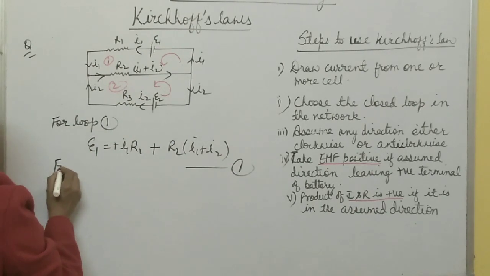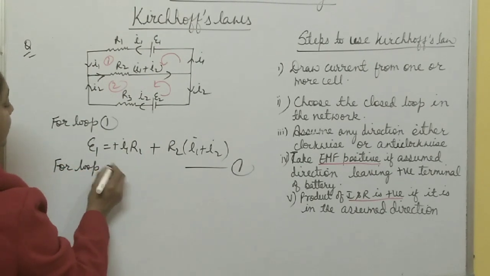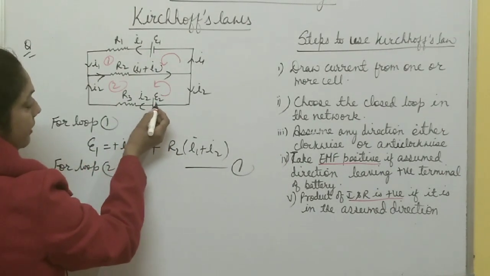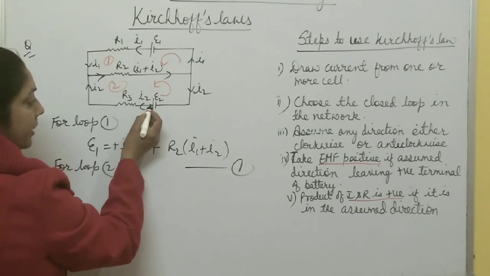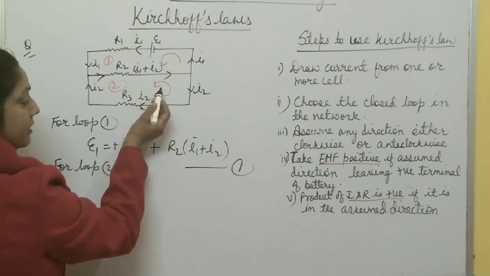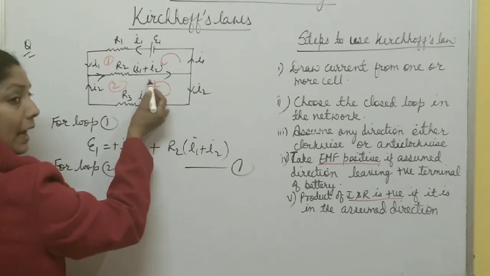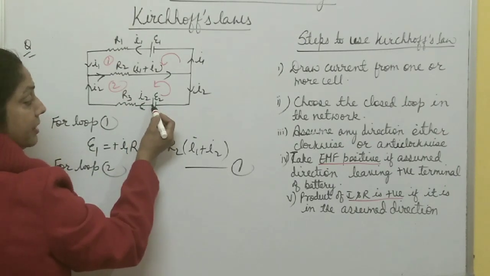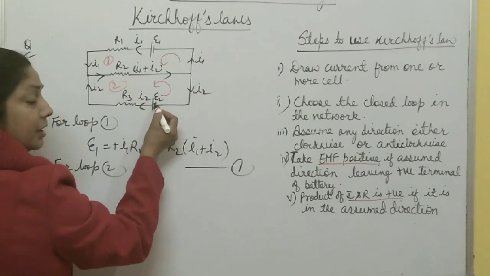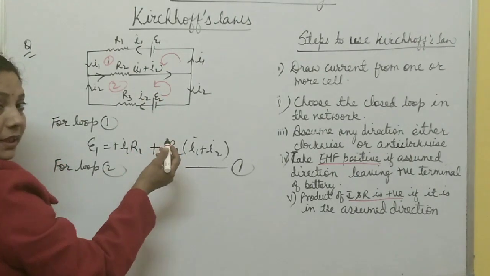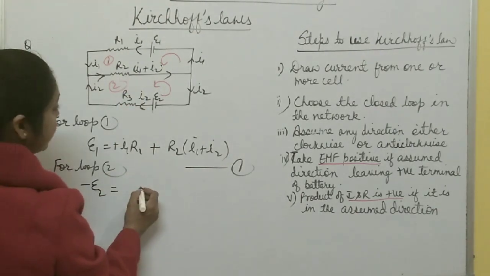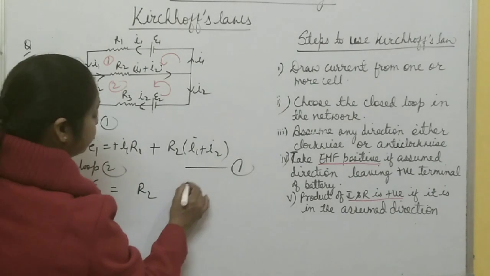Now for loop 2, how do you write the equation? Here this is cell 2, and the direction of EMF is from positive to negative, but I have assumed an anti-clockwise direction. It means it is entering the positive terminal, not leaving it. So I will take a negative sign, minus E2, equal to, how many resistors are there in this loop? 2, R2 and R3.